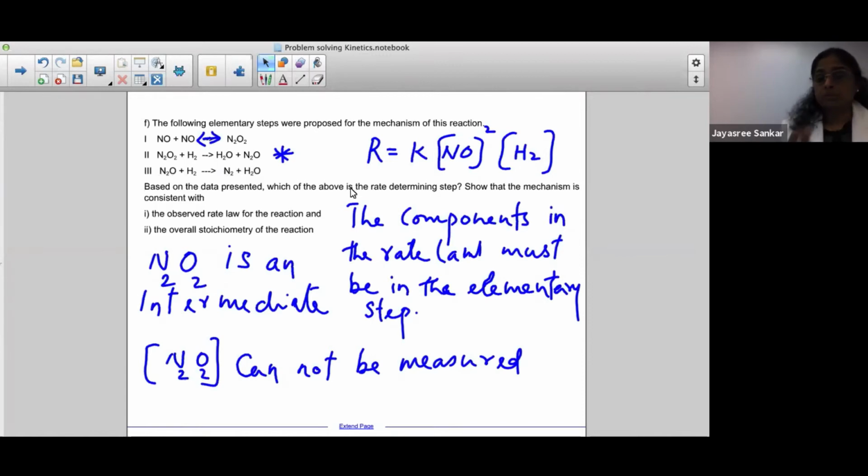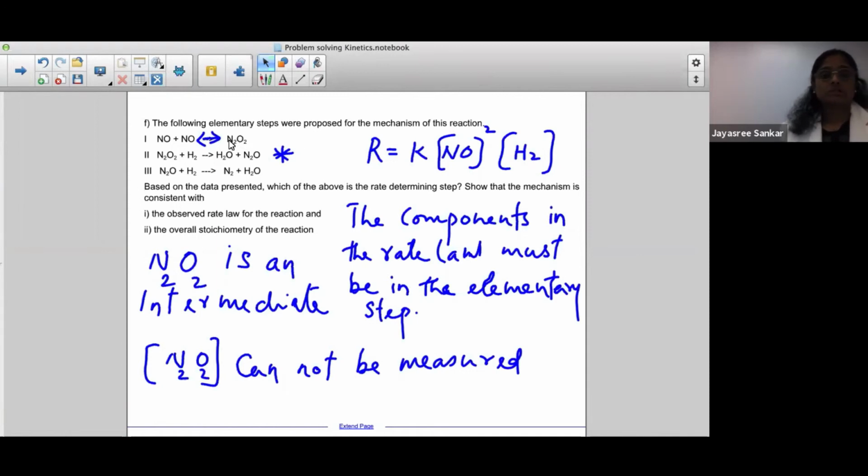Now, another important thing we need to remember in this kind of scenario is whenever you have a rate law equation, the components in the rate law equation, for example, in this case, you have two molecules of NO reacting with one molecule of hydrogen, those three molecules should be in the rate determining step, which is normally considered as the slow step of the mechanism.